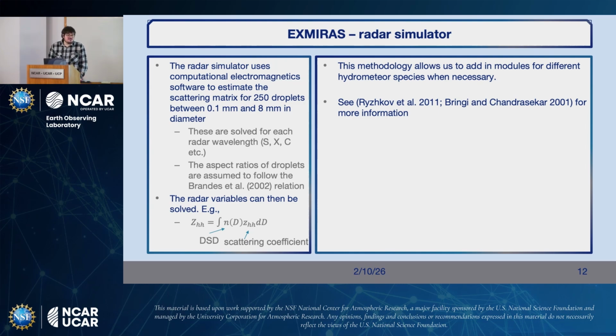So the next part is the radar simulator. And this is using a very similar method to what's been done before. It uses computational electromagnetics, T-matrix, to calculate things like the scattering table or different phase coefficients for how radar beams of different wavelengths would interact with the water droplets of various different sizes. And I solved these for a variety of wavelengths and then used parameterizations for the aspect ratio of water drops.